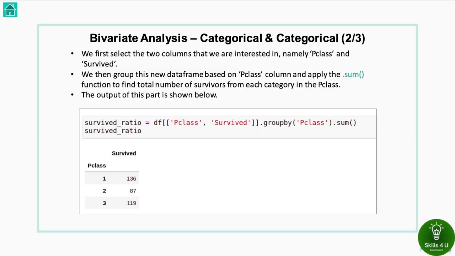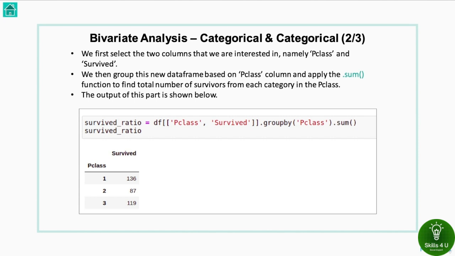Our goal is to visualize the survival rate of passengers belonging to each of the three categories of Pclass. Remember, there can be multiple ways of doing this. For the sake of simplicity, we divide the solution into two steps. We first get a smaller data frame with the two variables that we are interested in and group this data frame based on Pclass.